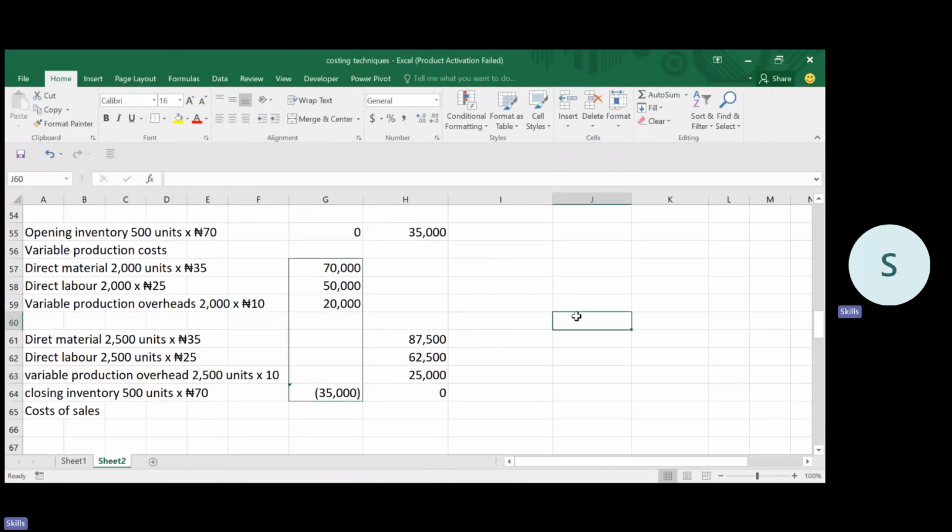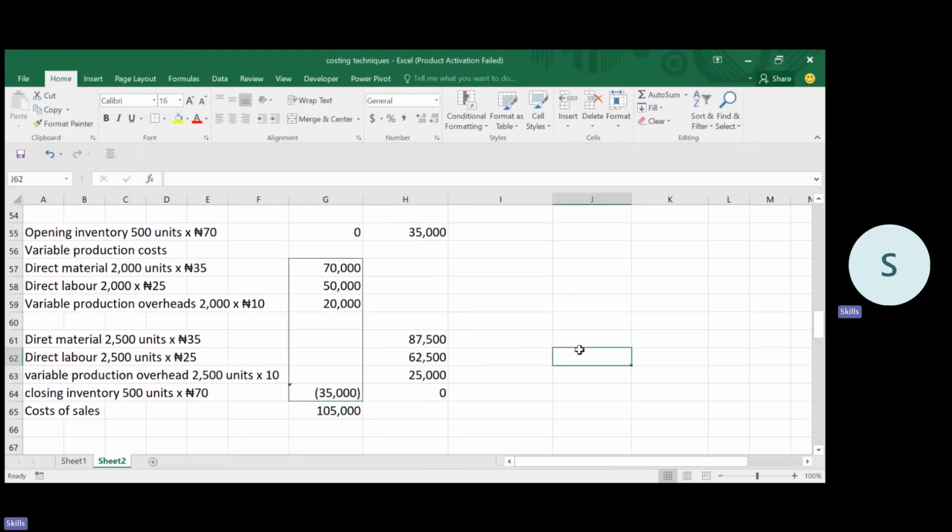So now we have 70,000 plus 50 plus 20, that will give us 140, minus 35,000. So our cost of sales will be 105,000 for the month of July.